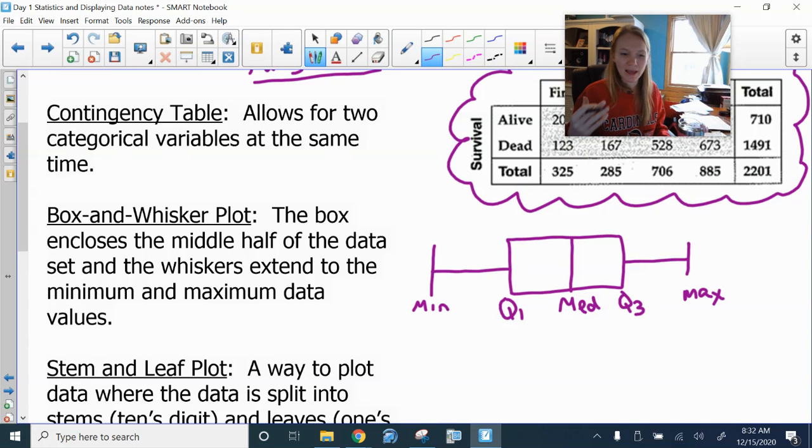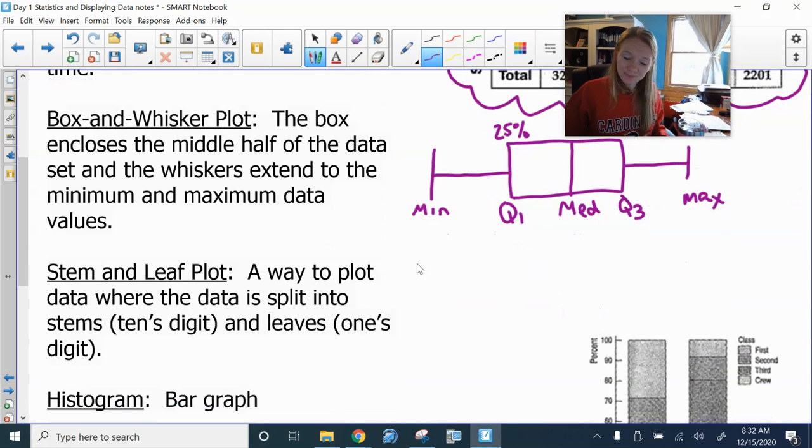It encloses the middle section of data. So basically from your lower 25% to your upper 75%, you can see where 50% of the data comes into play in that information. So we're going to talk about that and create one here in just a second.